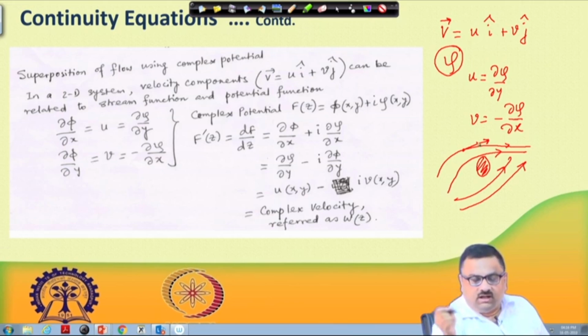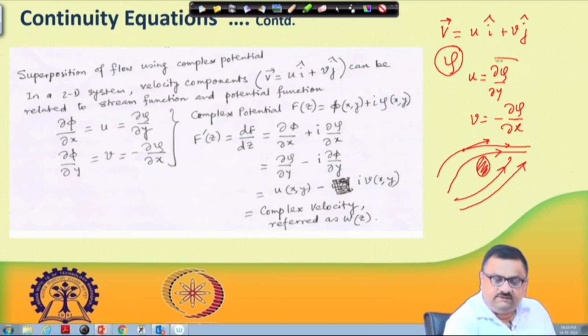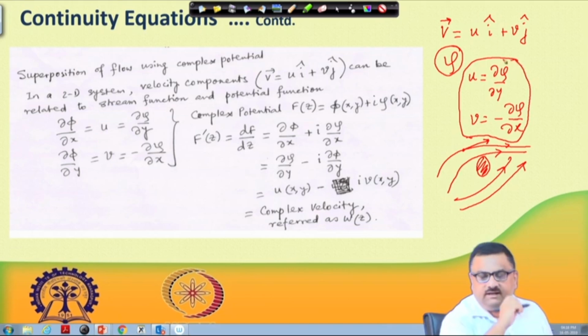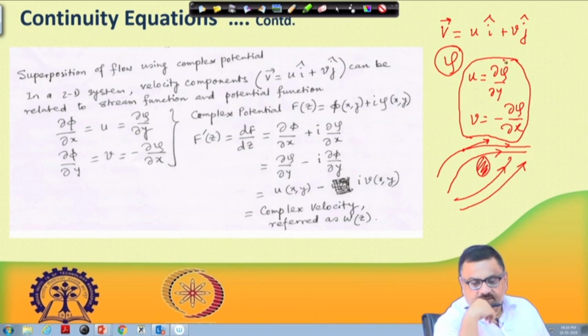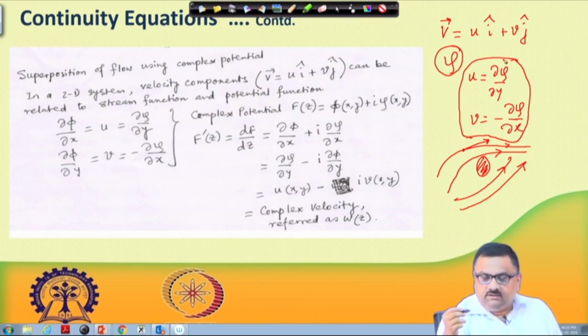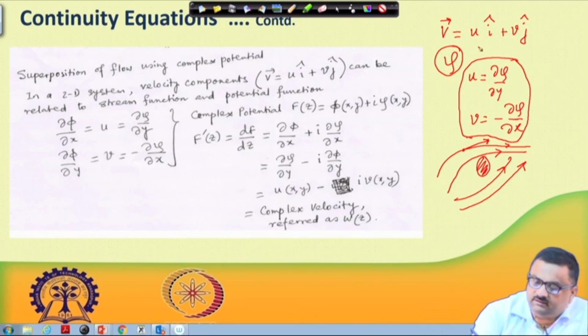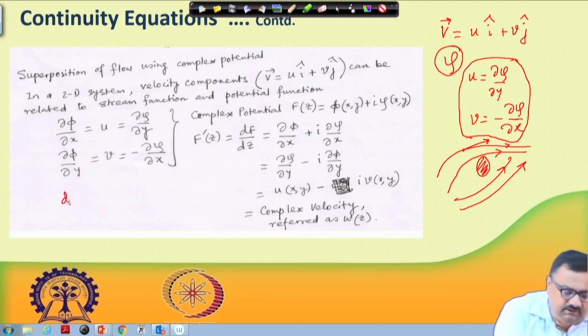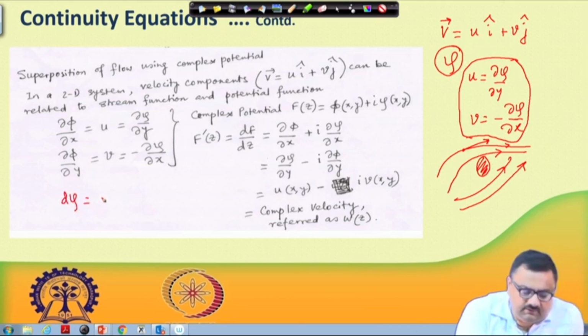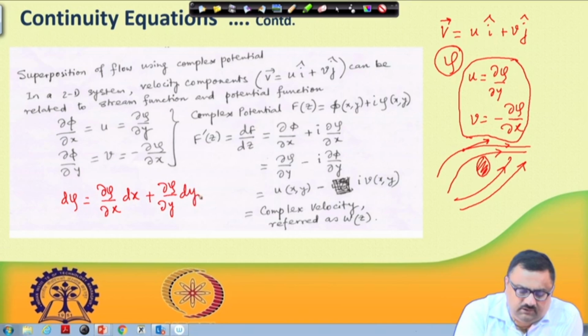On the other hand, what do we see here? If we write u is equal to del psi del y and v is equal to minus del psi del x, what is d psi in this case? I can write d psi as del psi del x dx plus del psi del y dy.